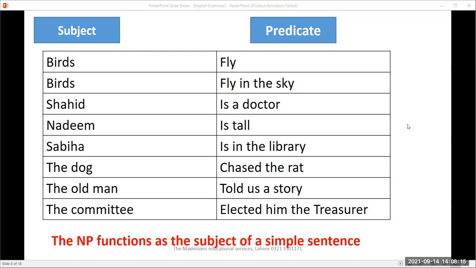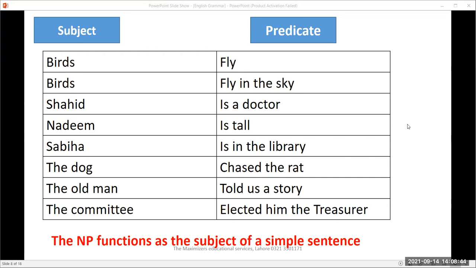The old man told us a story. The old man, three words, is the subject, because man is the subject. The old, these are qualifying, adding to the meaning of the noun man. Told us a story is the predicate. The committee elected him the treasurer. The committee is the subject, elected him the treasurer is the predicate.